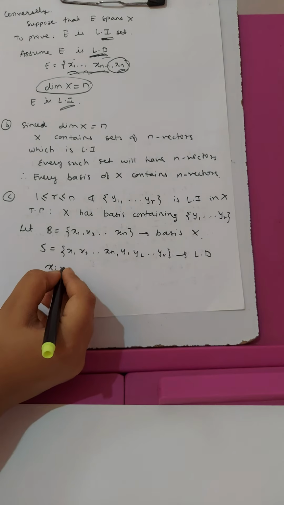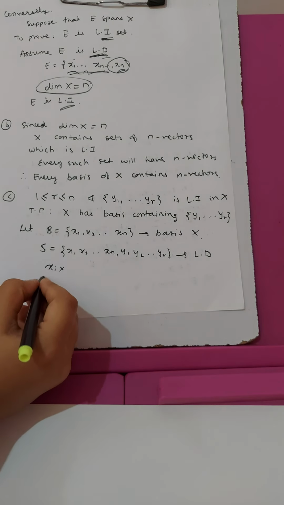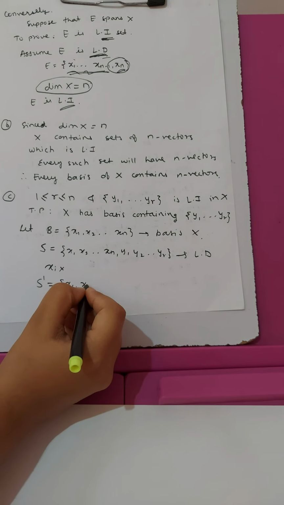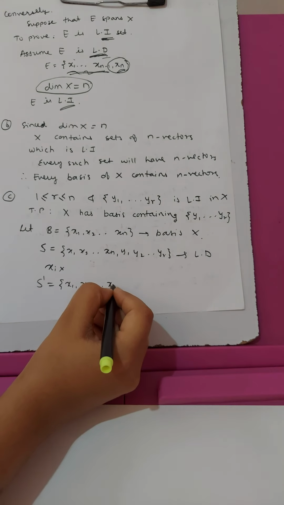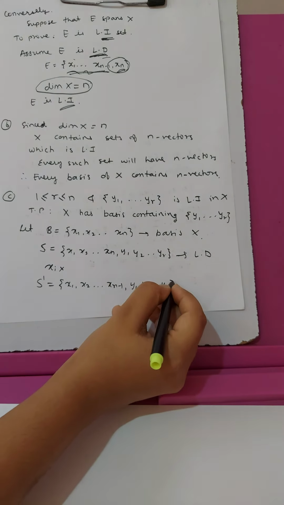So if we consider that xi is the element which can be expressed as a linear combination of the other elements, and we remove this xi, then we get a set S dash with, suppose, x1, x2, up to xn minus 1 and y1, y2 up to yr.